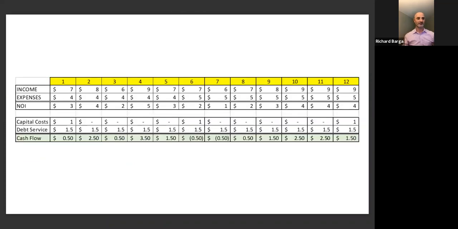we've gone a step further, and I've tried to allocate a few capital costs. You can see here, I should have numbered these rows, your capital costs, and then your debt service. Notice that your debt service is flat.